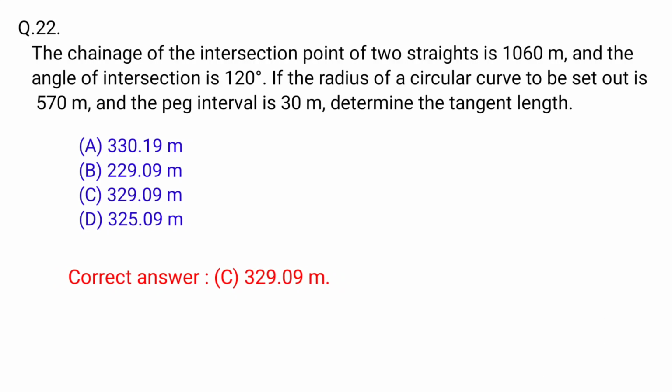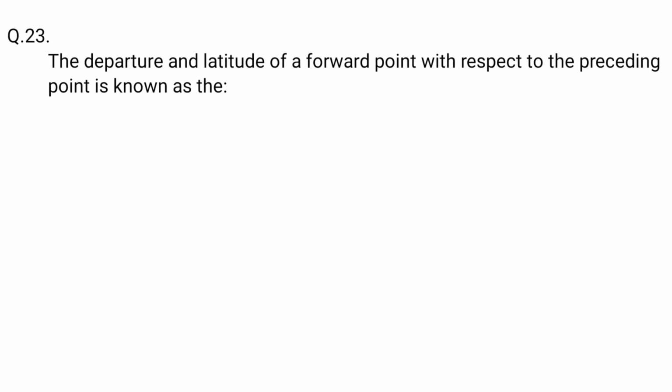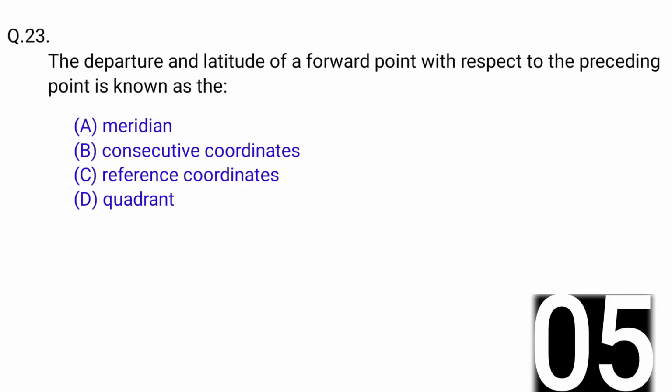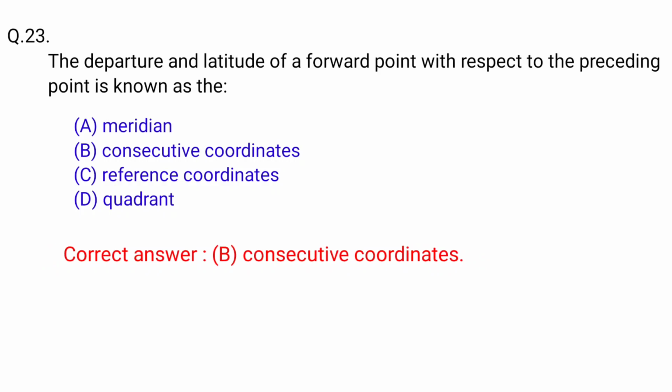Correct answer is option C. 329.09 meter. Next. Question number 23. The departure and latitude of a forward point with respect to the preceding point is known as the options. A. Meridian, B. Consecutive coordinates, C. Reference coordinates, D. Quadrant. Correct answer is option B. Consecutive coordinates.